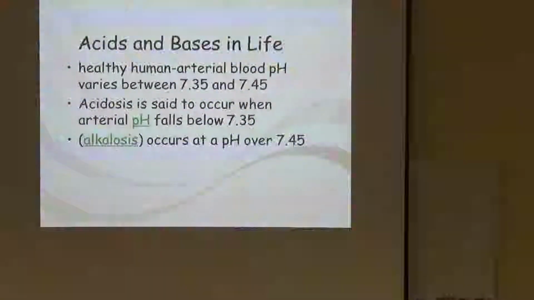The blood pH should be in a very narrow range, between 7.35 to 7.45. If it falls below 7.35, that means the blood pH is too low. You can actually die from this, which is why I'm bringing it up. I'm quite fascinated with things that can kill you.